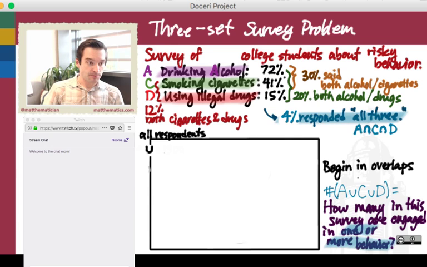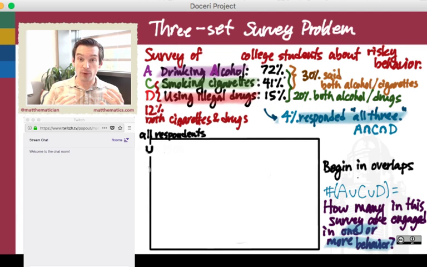So it would be like saying, in a room full of 100 respondents, 72 of them said that they drink alcohol. But it would also be the same as saying in a room full of 1,000 respondents that 720 of them drink alcohol. Or in a room full of 10 million respondents, 7.2 million of them drink alcohol.